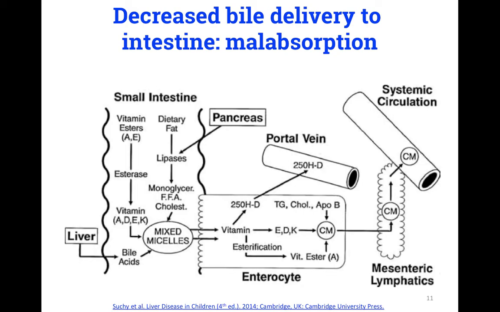So we've talked about two major pathophysiologic consequences of cholestasis thus far. The first, just to recap, would be the elevation in bile constituents within the liver, predominantly hydrophobic bile acids, which cause direct hepatotoxicity.